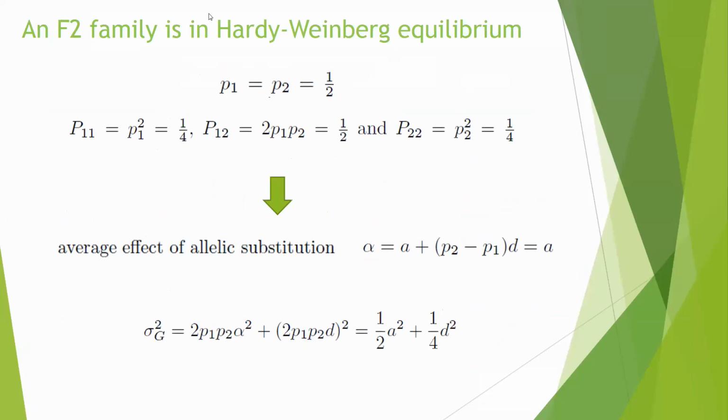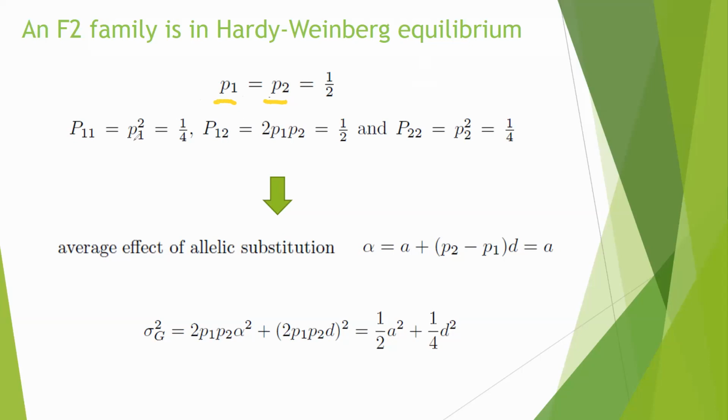All right, so let's look at an F2 family, and suppose for each locus, the biallelic population is under Hardy-Weinberg equilibrium. If this is an F2 and it is Hardy-Weinberg, then we can immediately know the allele frequencies for these two alleles are equal to one half, right?